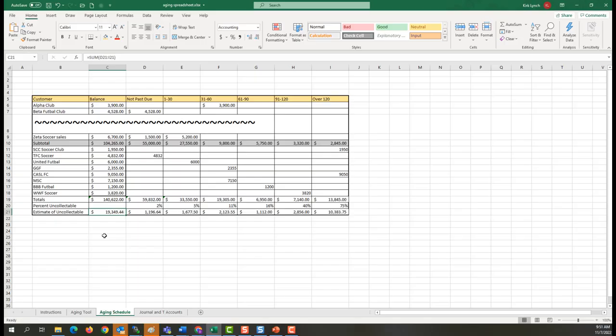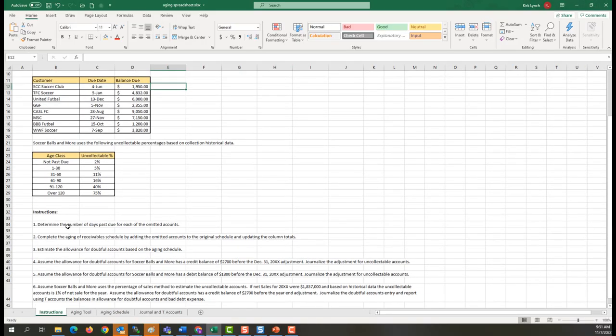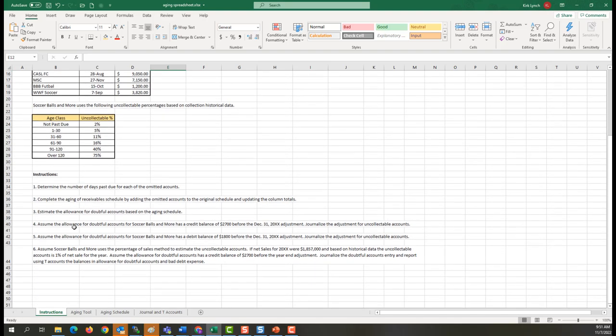Okay, so we've completed steps 1 and 2 and 3, and now 4 says that we want to assume that the allowance for doubtful accounts has a credit balance of $2,700 before our adjusting entry.